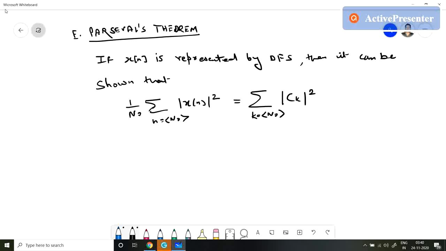This relation is called Parseval's identity.